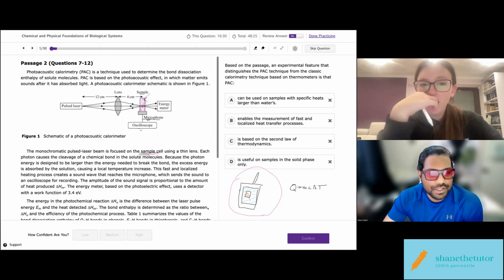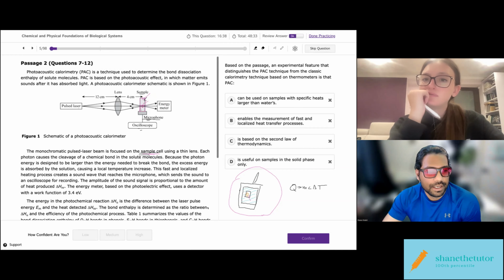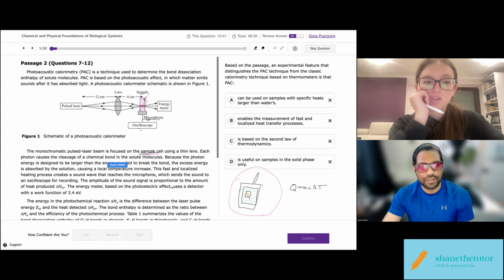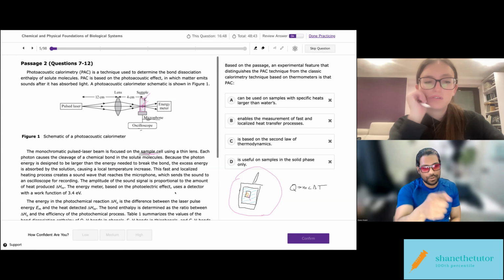And we know from the passage that when the laser rays are focused on the sample cell, each photon causes the cleavage, or breaking, of some type of chemical bond in the solute, right? And we know that the solute is the thing in that sample.